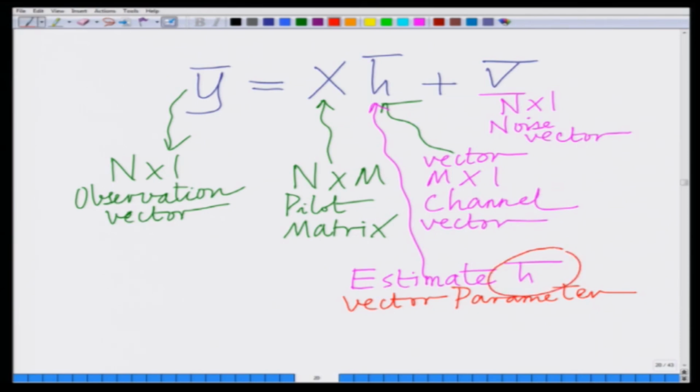I have formulated this in a very compact and tractable fashion, where y bar is the observation vector y1, y2 up to yn, corresponding to the n transmitted pilot vectors, which is equal to x, the n cross m pilot matrix, with n rows corresponding to the n time instants and m columns corresponding to the m transmit antennas, times h bar, the channel vector containing the unknown channel coefficients h1, h2 up to hm, which denotes the unknown parameter vector h bar, plus v bar, where v bar is the noise vector.